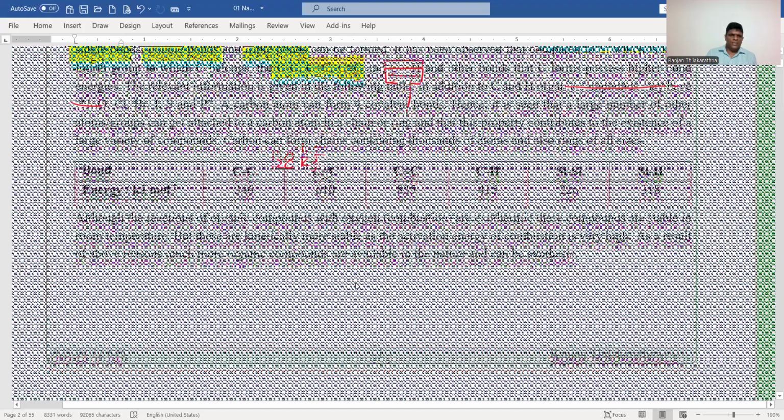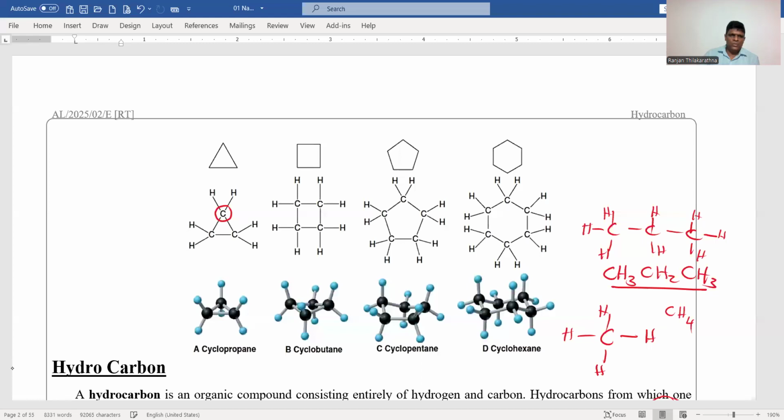If you carefully examine this one, here we have a carbon atom and two hydrogens, carbon atom and two hydrogens, carbon atom and two hydrogens. Without drawing the carbon and hydrogen, we can just connect the carbon atoms using single lines. If you have a double bond, then you can draw another line like this. If you have another one, you can draw like this, or you can draw like this.